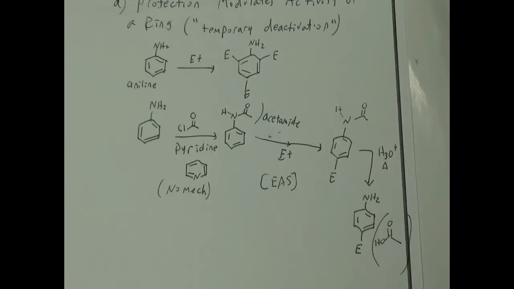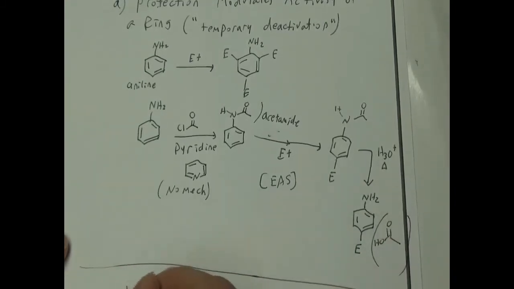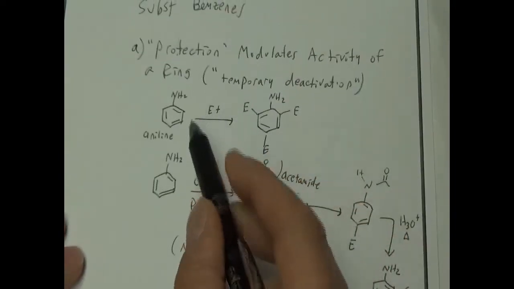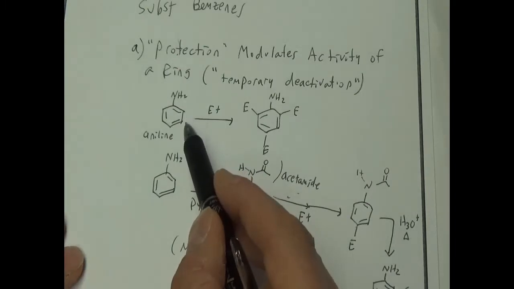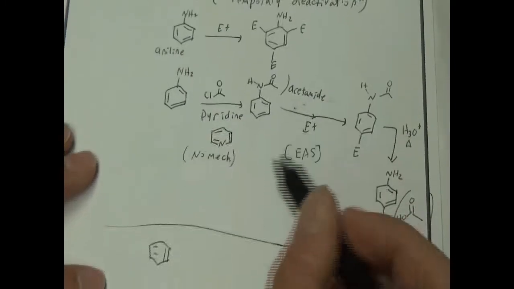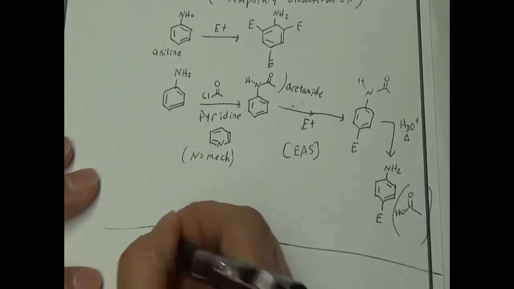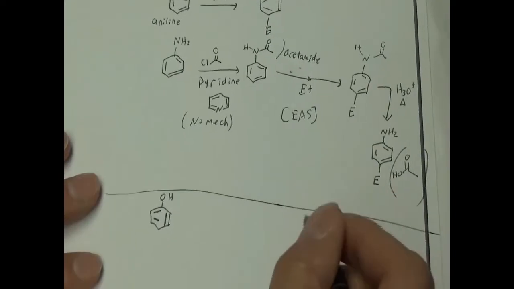Okay. Another example of the same idea. Okay, so NH2 was a group 1 activator, right? And what was the other group 1 activator? NH2 and OH. Remember that? That was also the end of last lecture.